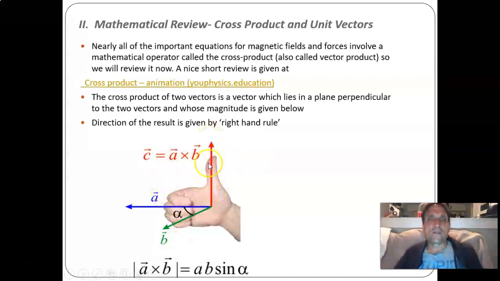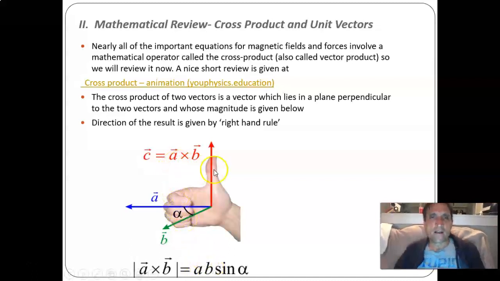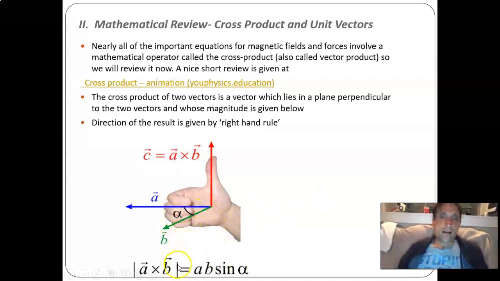And the magnitude of this cross product is equal to the magnitude of vector A multiplied by the magnitude of vector B multiplied by the sine of the angle in between the two vectors. Okay, so if I know the magnitudes of A and B, and I know the angle between them, I know the magnitude of their cross product C.